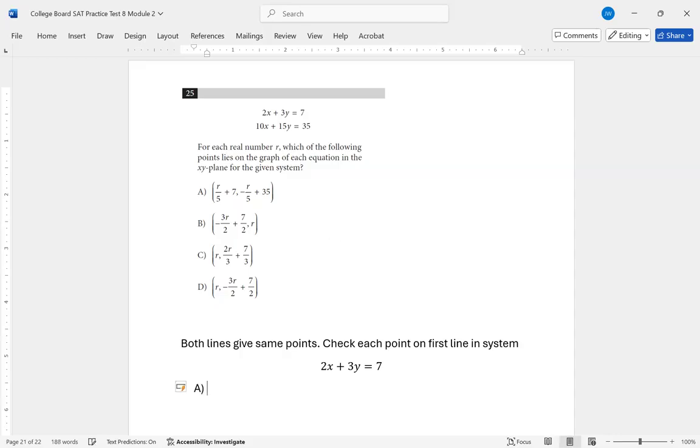I'm going to take the point in A, and plug it into 2x plus 3y equals 7. When I do that, I have to replace the x with r over 5 plus 7, and I have to replace the y with negative r over 5 plus 35.